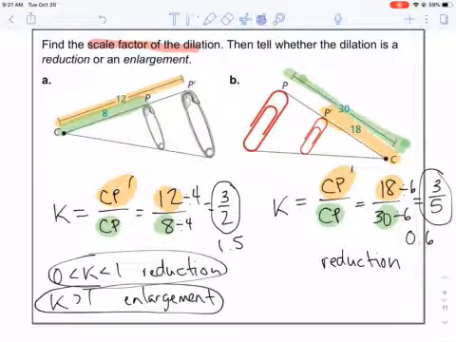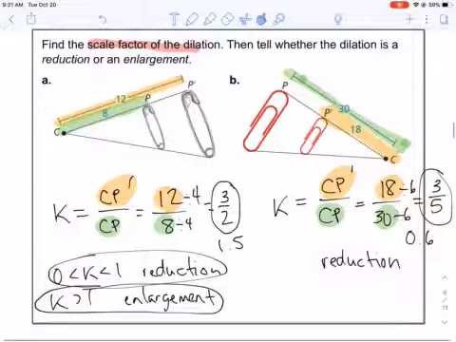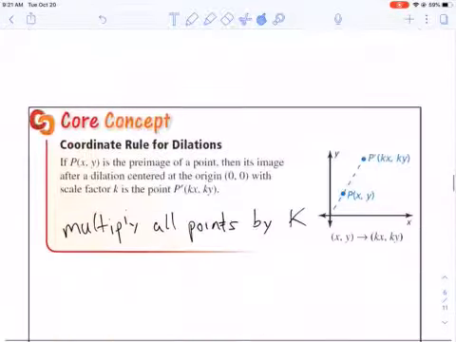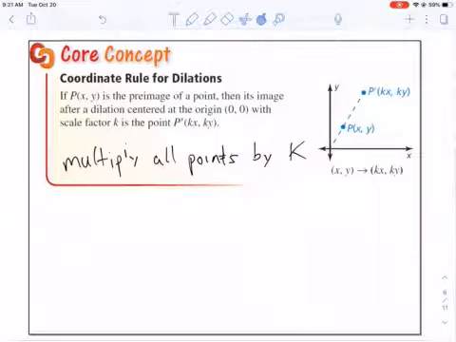Okay, so that's finding the scale factor. Now let's figure out how to use the scale factor to find a dilation. When we're finding a dilation, essentially what we're doing is multiplying all of our points by k. That's what this slide says. Multiply all of your points by k.